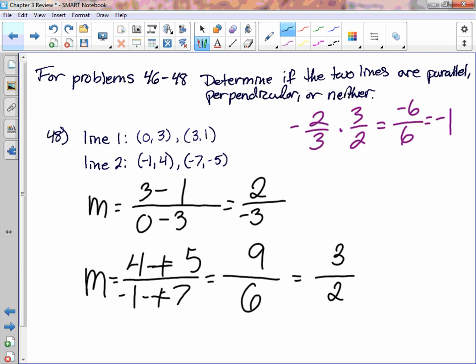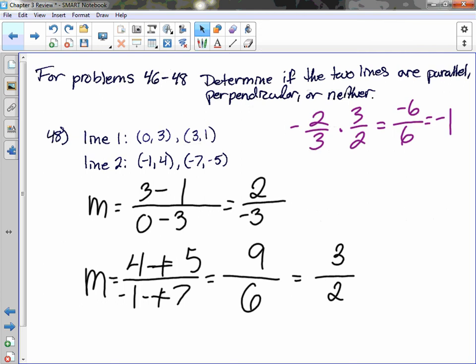And if their product gives us -1, then they are perpendicular. Two lines are perpendicular if the product of their slopes is equal to -1. So if you want to double check, multiply them together and see if you get -1. If you do, they are perpendicular. If you don't, they are not.